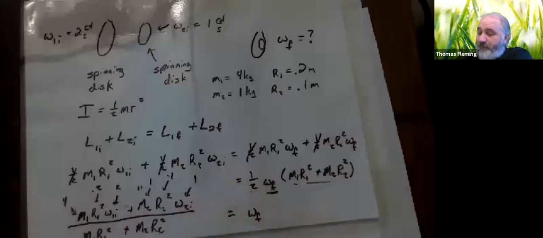Then on the bottom, I'm going to have 4 times 0.04 plus, what's the mass 1? It's 1 times 0.01. So it's 0.17 on the bottom.